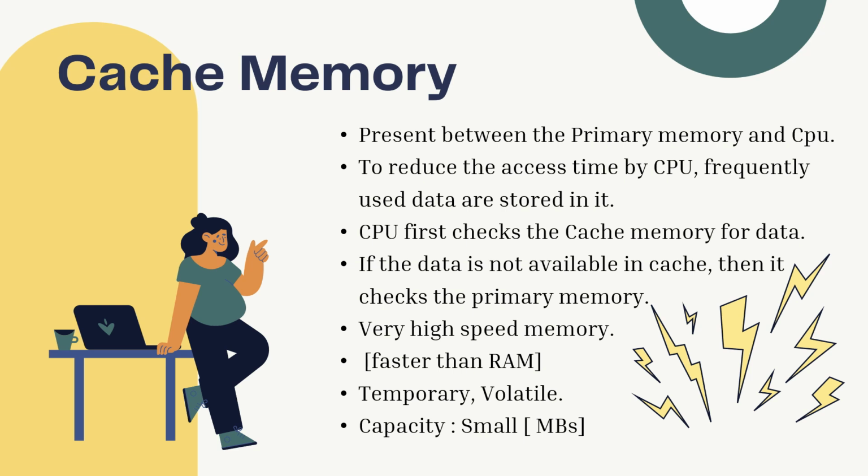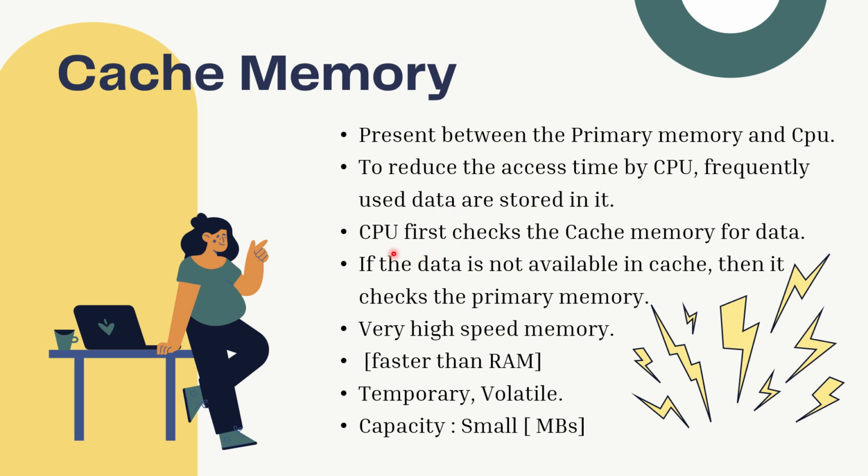Those will be stored in the cache memory. So the cache memory is used to store the frequently used data so that the access time by the CPU will be reduced. It need not go and fetch the data from the main memory. It can immediately take the data from the cache memory.